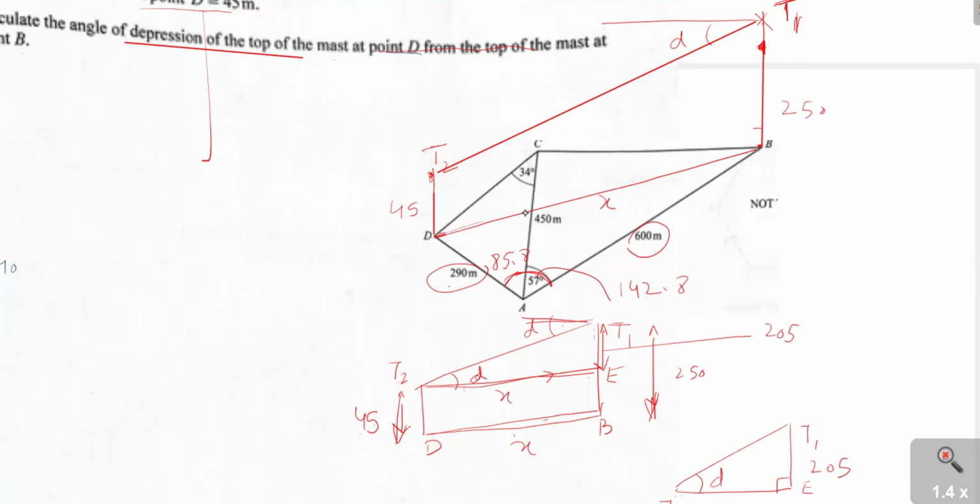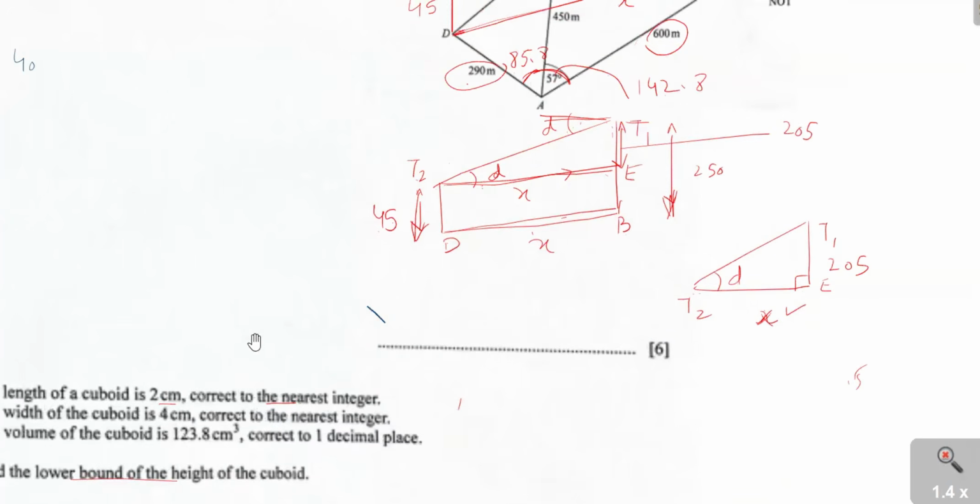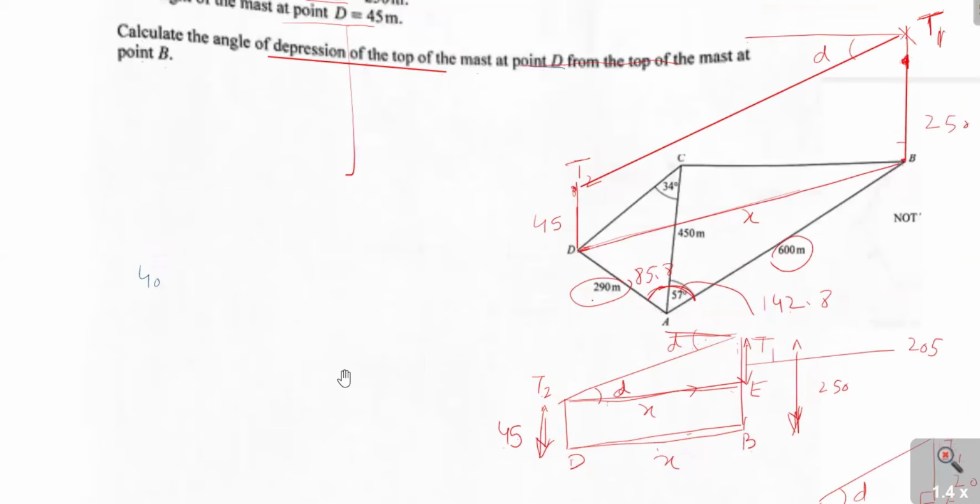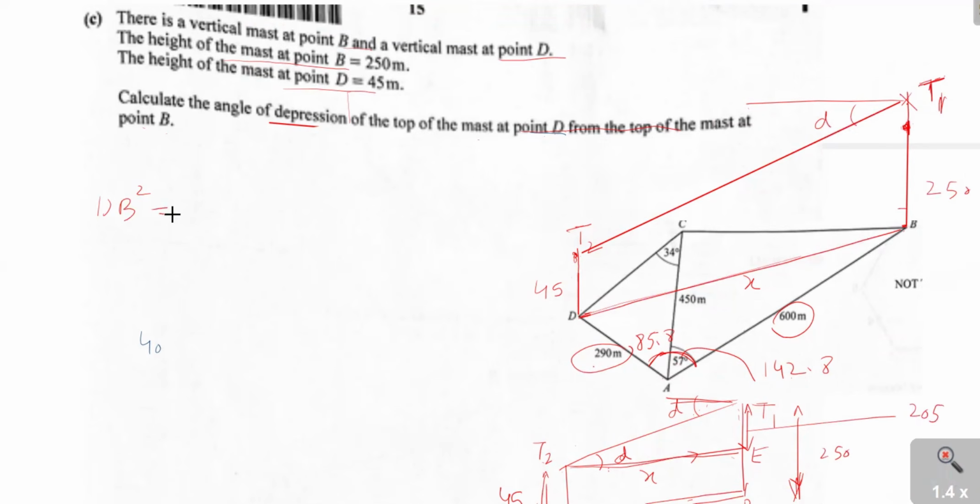We can calculate the opposite length of this angle, and we use the cosine rule. According to the cosine rule, the opposite length DB square is equal to X square, which is the sum of squares of two adjacent sides.